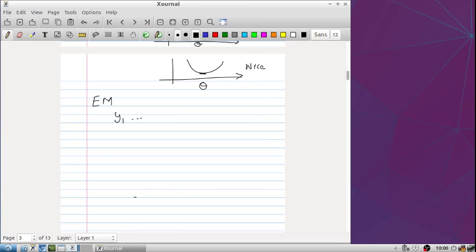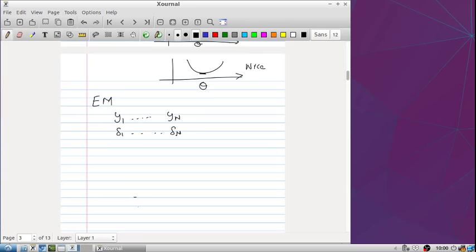For that, let's say we have these data points y1 to yn. And I'm now going to hallucinate, or conjure, that I have observations delta 1 to delta n.